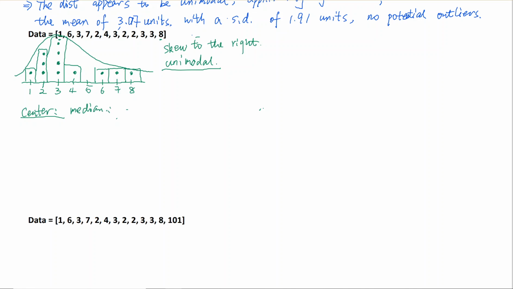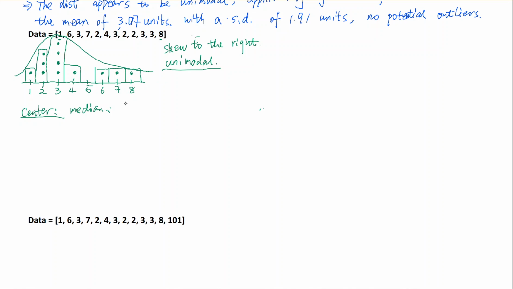Now to find the median, the first step will be to sort the data from the smallest to the biggest, right? So actually when you make this histogram, you have already sorted them from the smallest to the biggest.